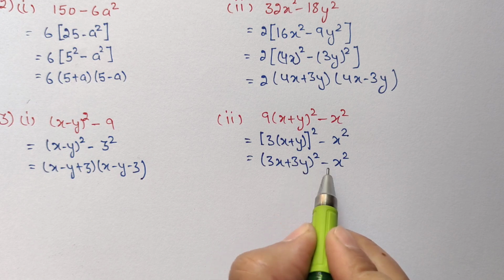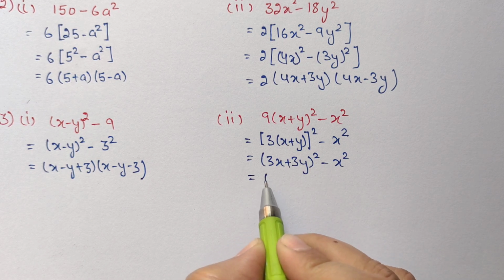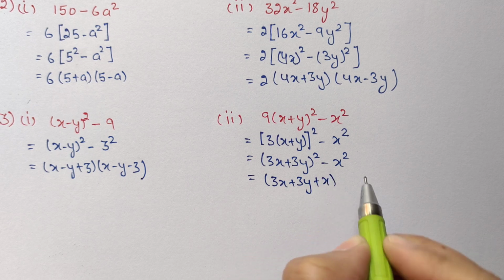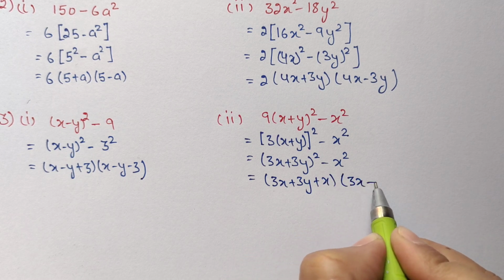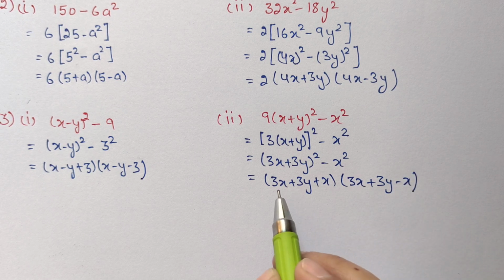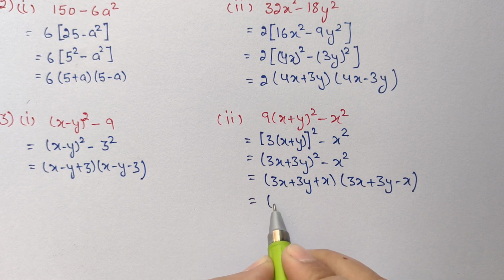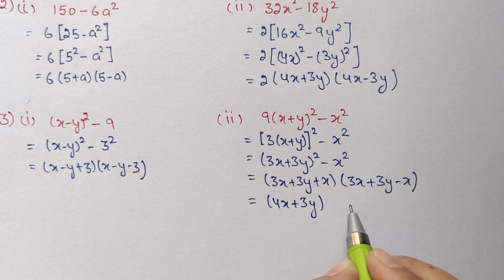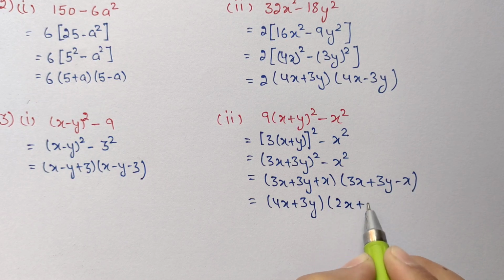Now a square minus b square: a plus b means 3x plus 3y plus x, and a minus b means 3x plus 3y minus x. A little more we can simplify because x and x are like terms. 3x plus x will be 4x plus 3y, and here 3x minus x will become 2x plus 3y.